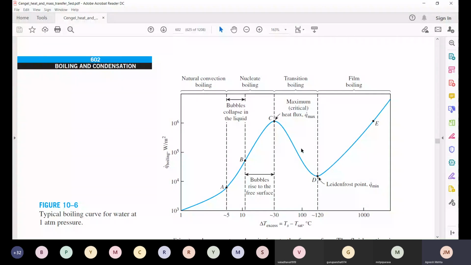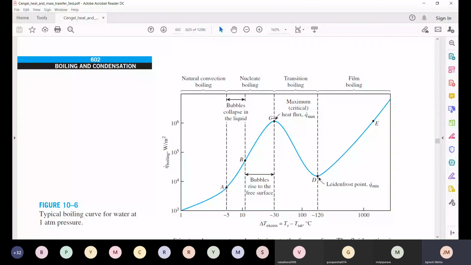While you go for the heating curve, you jump from C to E, and then you can move further. And if you are going for a cooling curve, you start from this point, it goes on decreasing and jumps from D to a point between A and B. So in a heat flux controlled experiment, you don't get the full curve. The full curve can be plotted only if it is a temperature controlled experiment.